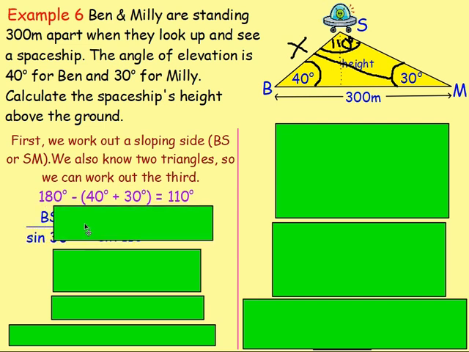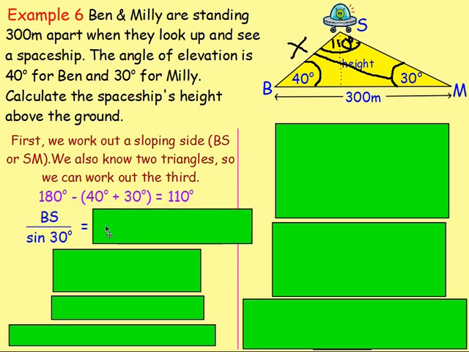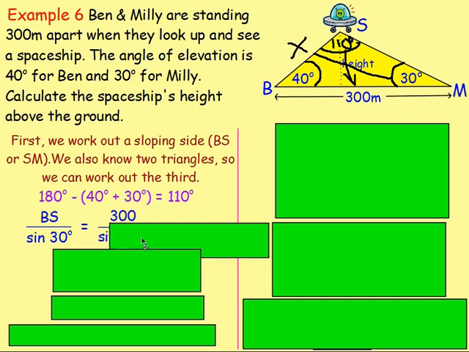So BS over sine of the angle across from it, the 30 degrees, would equal, and look for your other pair, we know this is 300 meters, and the angle across from that is the 110. So that would be 300 over sine of 110 degrees.